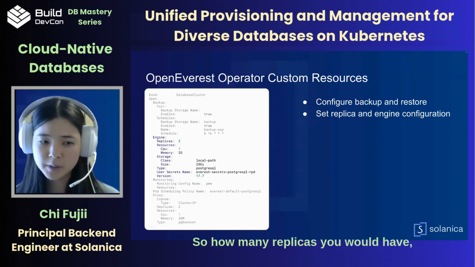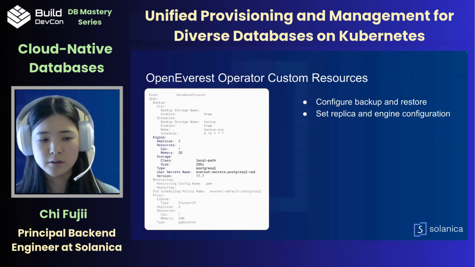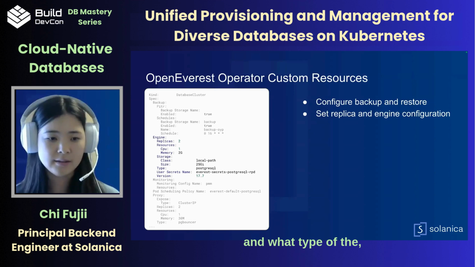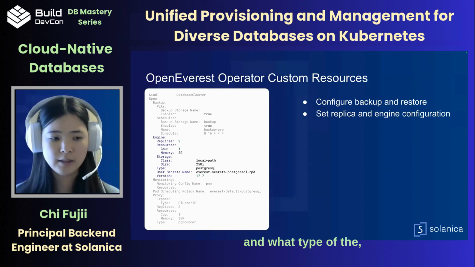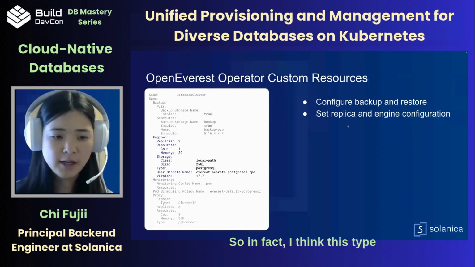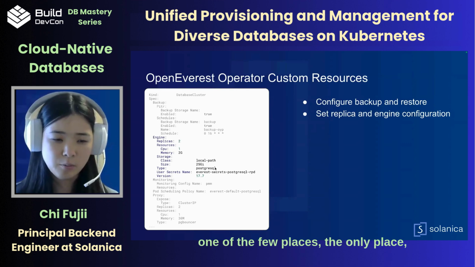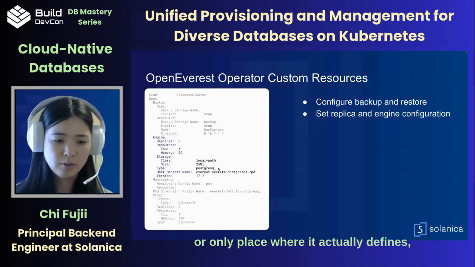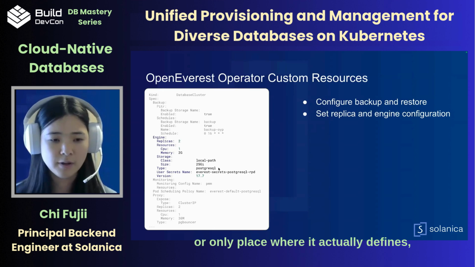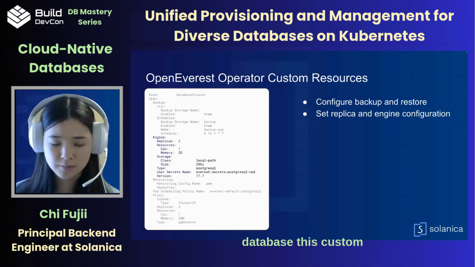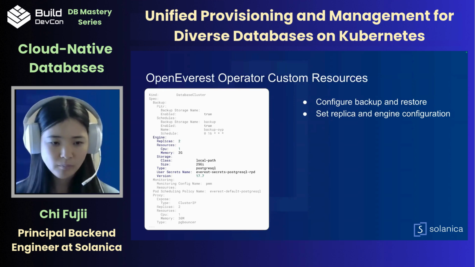So how many replicas you would have, the resources for these, and the storage, and what type of database it is. So in fact, I think this type is one of the few places, the only place, where it actually defines which database this custom resource corresponds to.